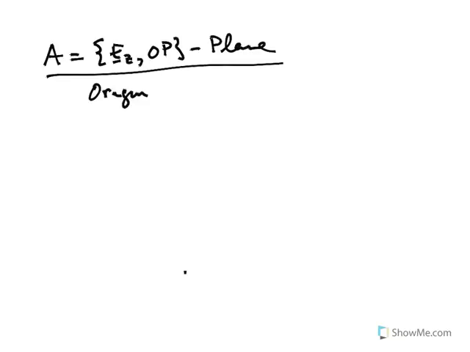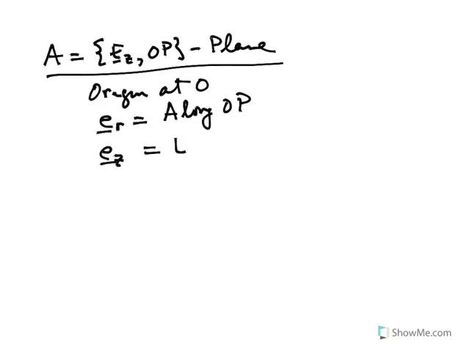Now, the origin of the coordinate system is going to be at O. I'm going to put ER along OP, EZ is going to be the same as big EZ, and then E theta is going to equal EZ crossed with ER.